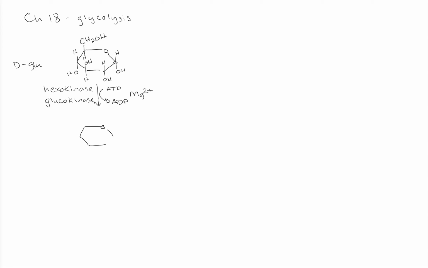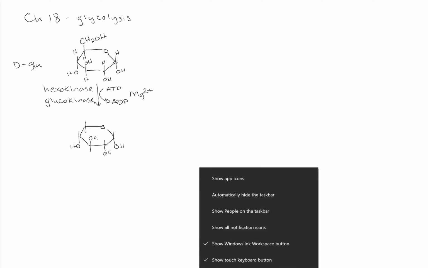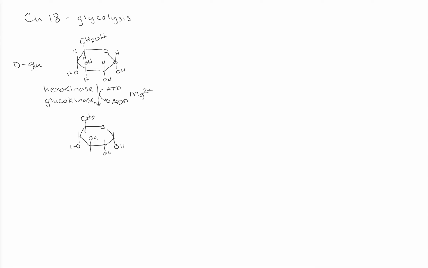Everything's going to be the same in terms of the ring structure and hydroxyls for carbons 1, 2, 3, 4, they all stay the same. But then on 6, CH2O, instead of a hydroxyl, we're going to have a phosphate. So we're going to have a PO3 2-.